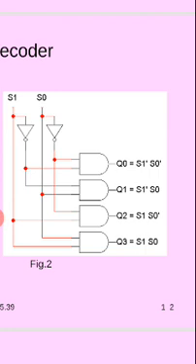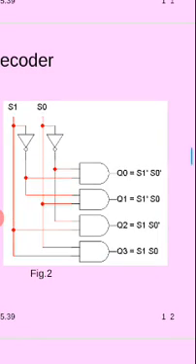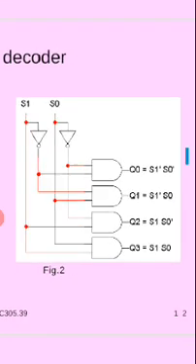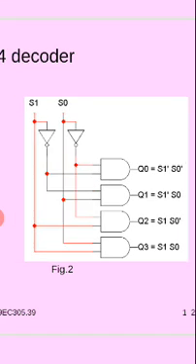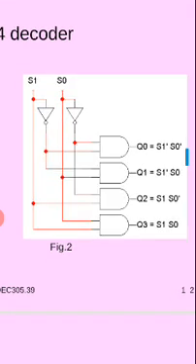Hence, both are taken from the NOT gate output. There are 4 AND gates. One AND gate for Q0, second AND gate output is for Q1, third AND gate output is for Q2, and fourth AND gate output is for Q3.